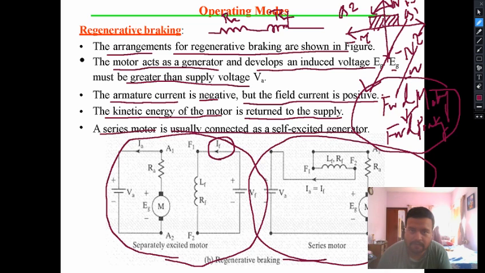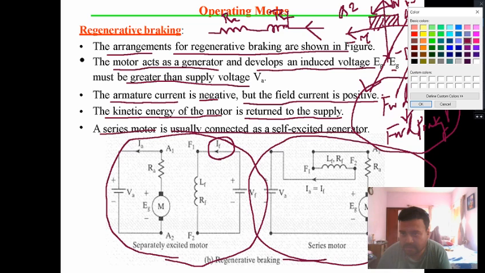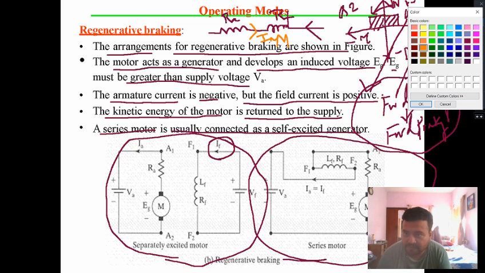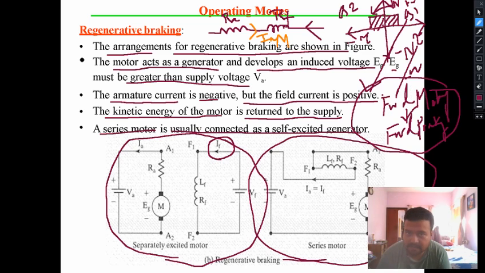When the power flow becomes reversed, I will mark it with a different color. During motoring, your current was in this particular direction. Let us indicate it by IAM. But if you see braking, which is IAB, it is reversed.